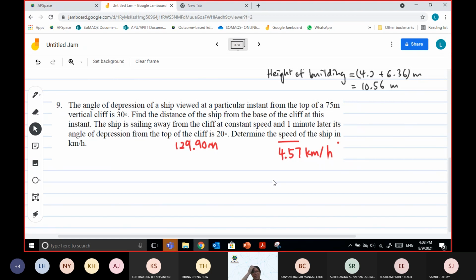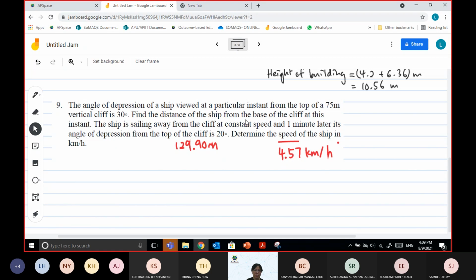For question number 9: the angle of depression of a ship at a particular instant from the top of a 75 meter vertical cliff is 30 degrees.